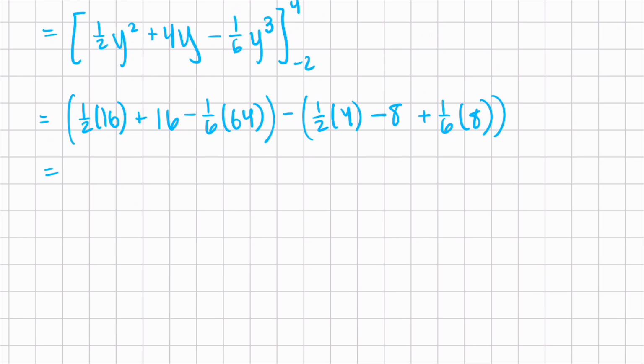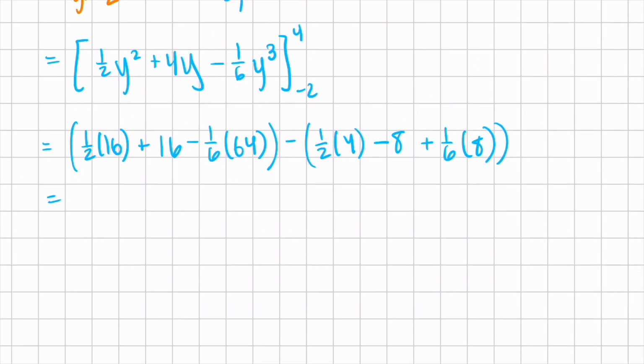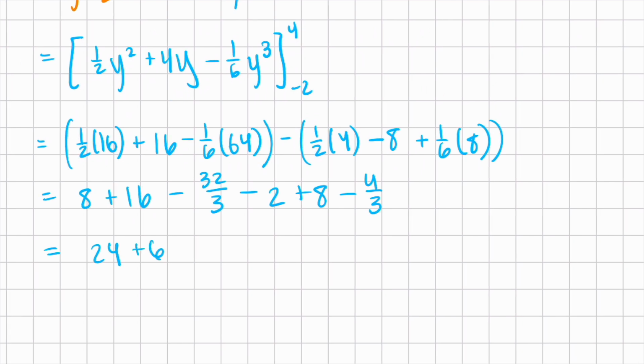And when we simplify, we are going to get 8 plus 16 minus 64/6, which is 32/3. Minus 4 times 1/2 is 2, plus 8, minus 8/6, which is 4/3. And this is going to be 8 plus 16 is 24. -2 plus 8 is plus 6.